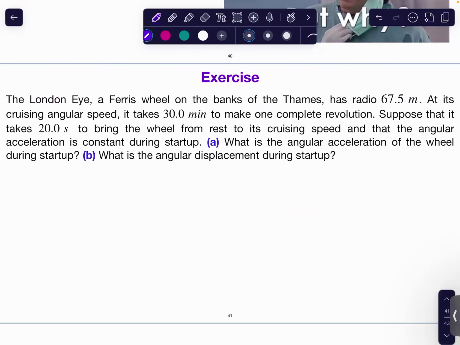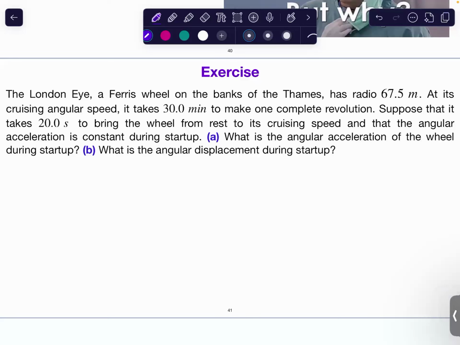Now let's think about this. So the London Eye, you know that gigantic Ferris wheel in London? Let's see how cultured everyone is. How do you pronounce that river? The Thames.